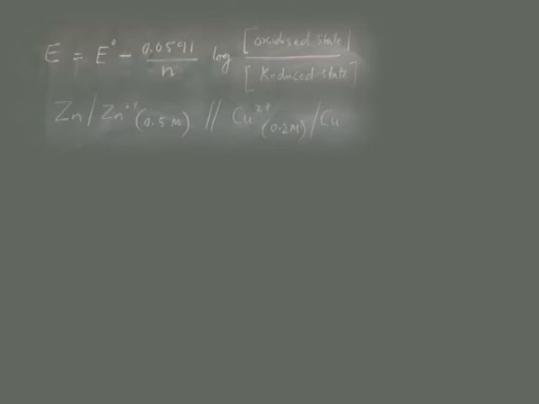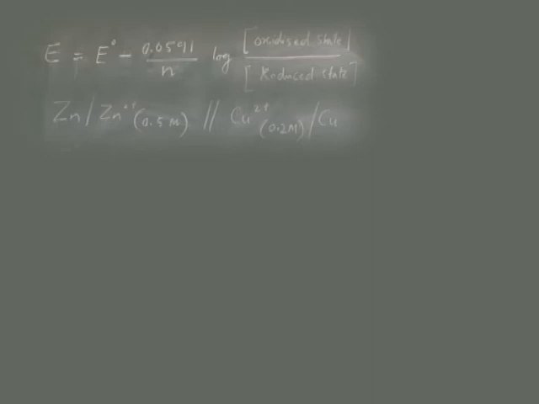And we have copper 2 plus, which is reduced to copper. The concentration of copper 2 ion is 0.2 molar. So we have 0.5 and we have 0.2 molar.